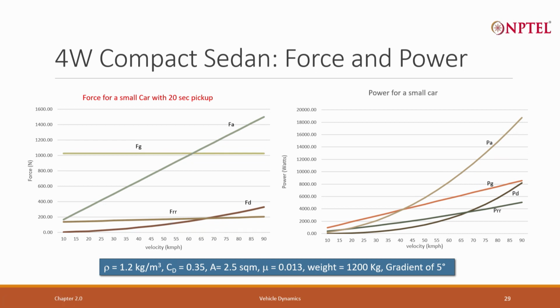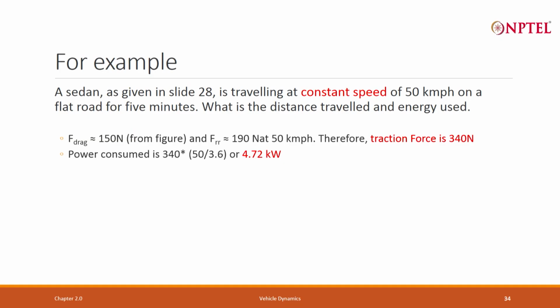If I am driving at a constant speed, and let us assume no slope, only the drag and the rolling resistance have to be taken into account. So, the total force that I have is 340 newtons. Power consumed is therefore 340 newtons multiplied by the velocity. Velocity is 50 kilometer per hour, and I have to convert it into meters per second by dividing by 3.6. I am consuming 4.72 kilowatt to overcome this.